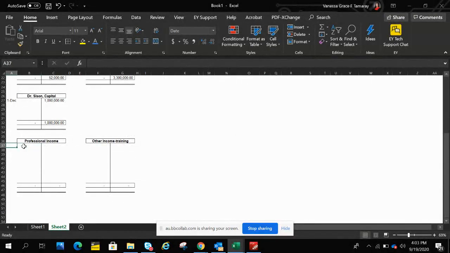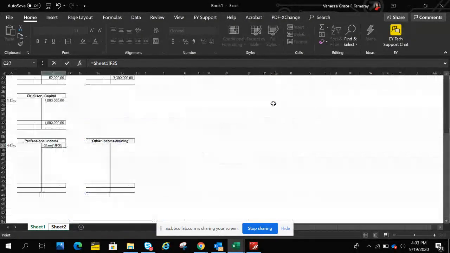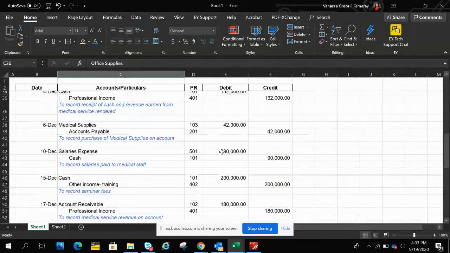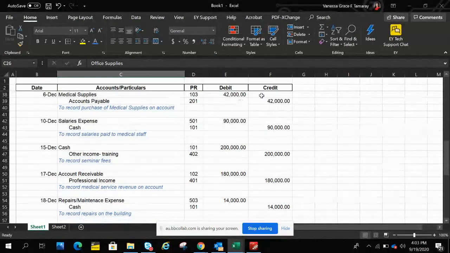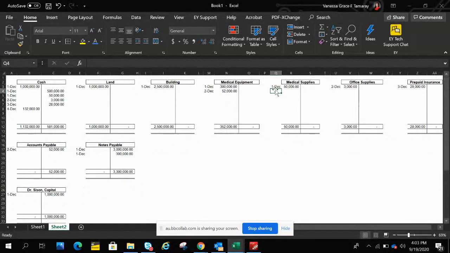Ayan, December 4, credit, 132,000 pesos. Next, medical supplies. Debit medical supplies, credit accounts payable. December 6.